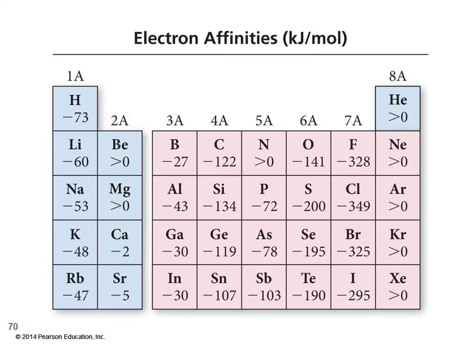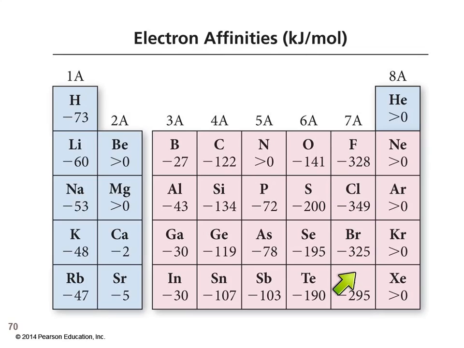It's not very satisfying. So we look here. So these guys are all greater than 0, meaning that you have to put energy in to get it to take the electron. I have to pay you to take this. These are negative.